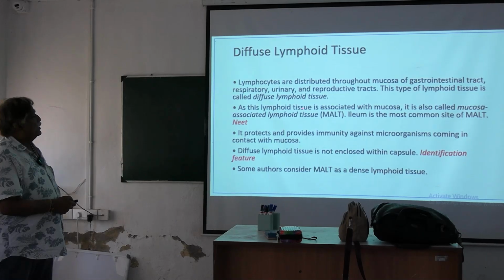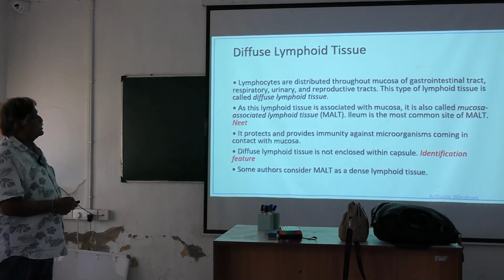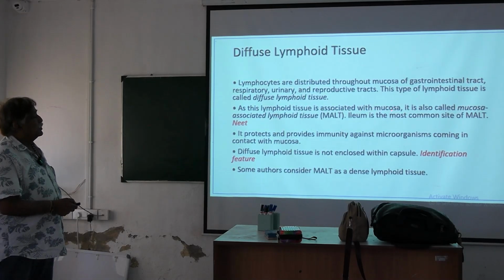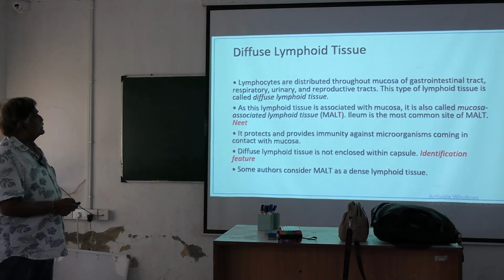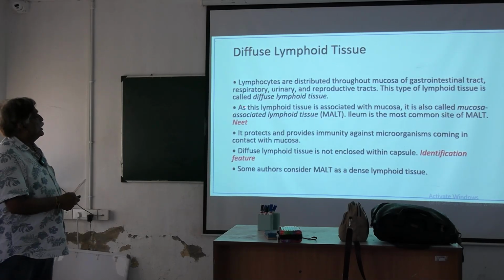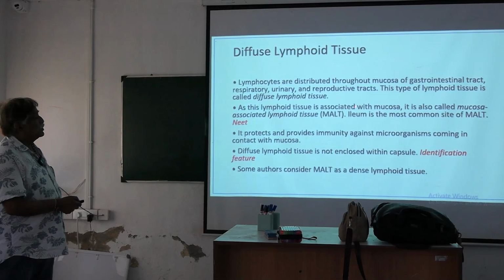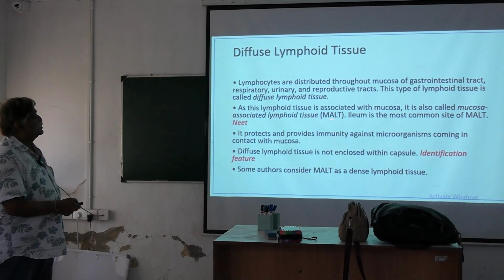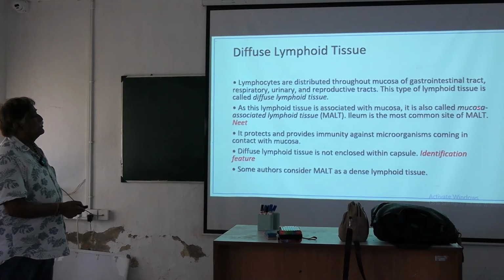As this lymphoid tissue is associated with mucosa, it is also called mucosa-associated lymphoid tissue, MALT. The ileum is the most common site for MALT.